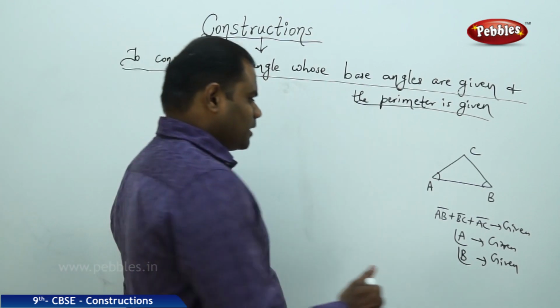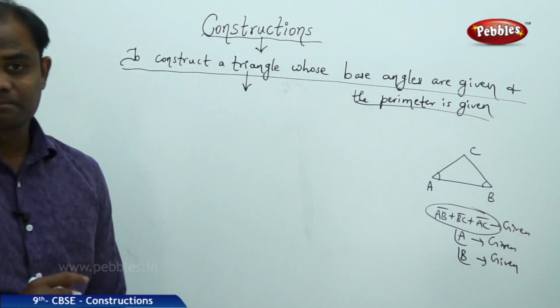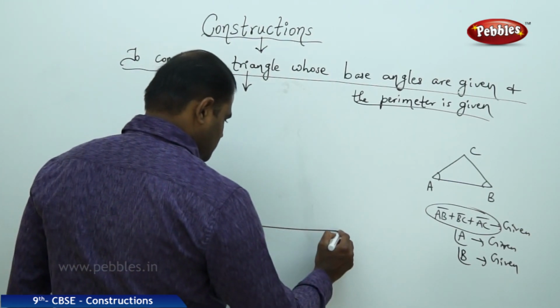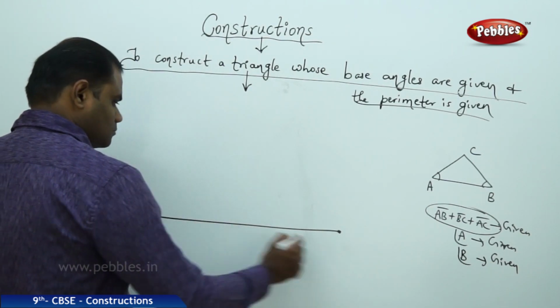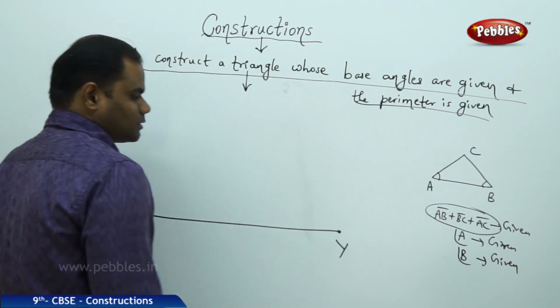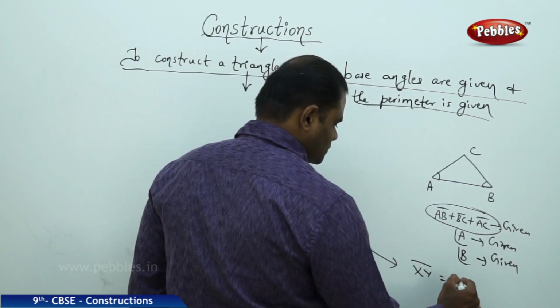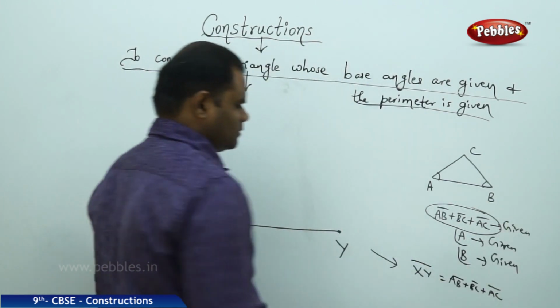So let me take the perimeter length which is given out here as the base. So I take the base initially such that this is nothing but the length XY, such that it is the perimeter of the triangle.